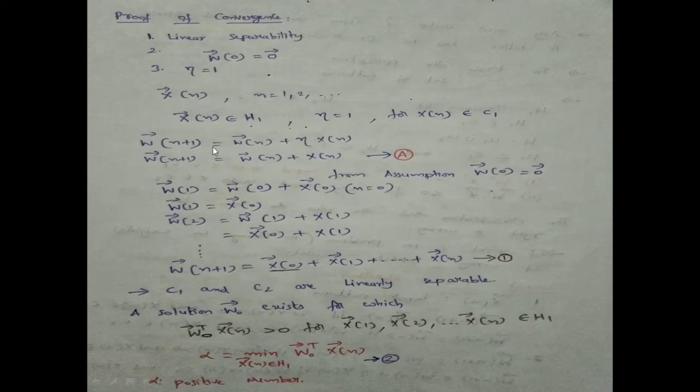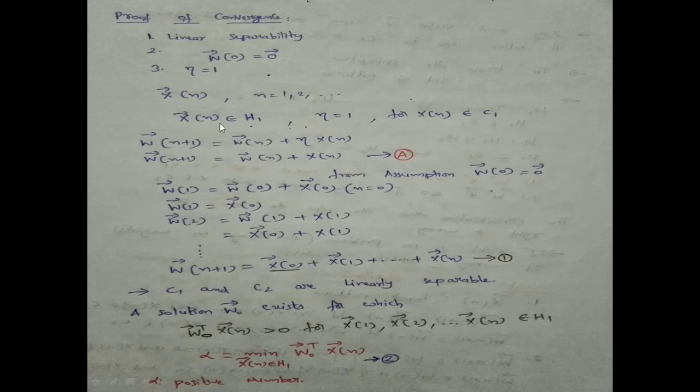By doing the misclassification, the network starts to learn from it. But if it is convergent, there should be some value of n where we get the correct classification.